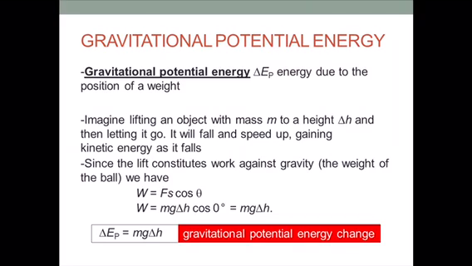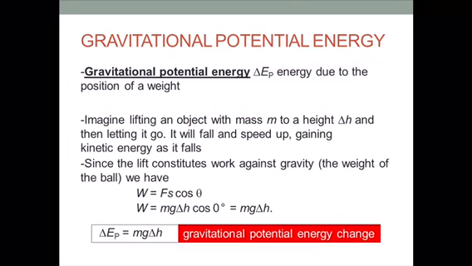Imagine lifting an object with a mass m to a height delta h and then letting it go. It will fall and speed up, gaining kinetic energy as it falls. Since the lift constitutes work against gravity, or the weight of the ball, we have work equals force times displacement times cosine theta.